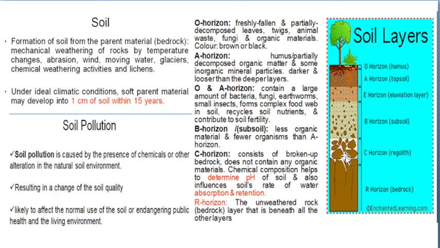Then from the R horizon the C horizon is generated, then from the C horizon the B, then from B the E. In this way you get a matured soil having different developed soil layers after several years. Are you clear?